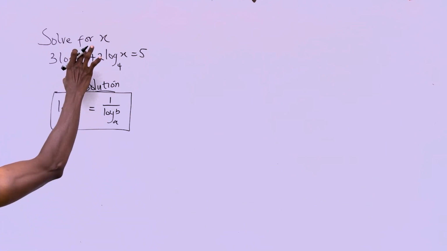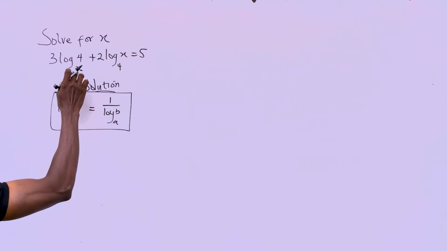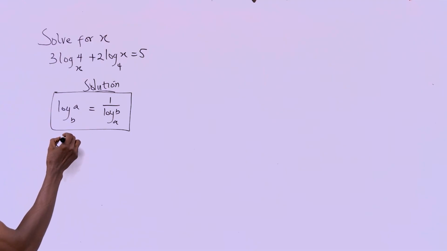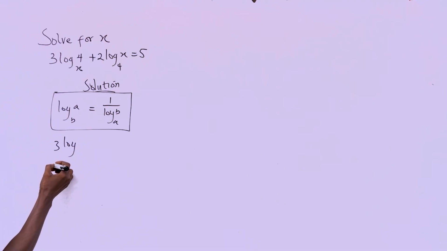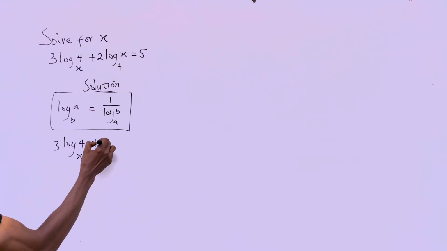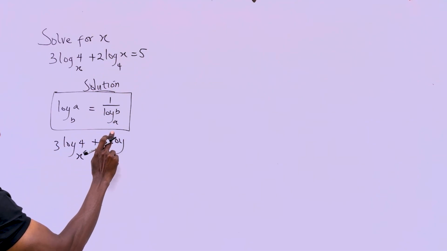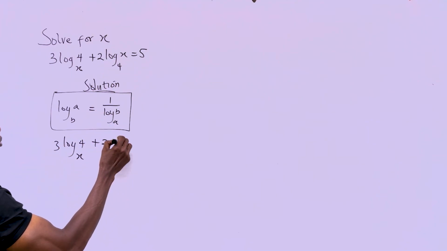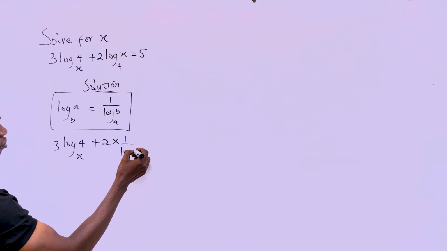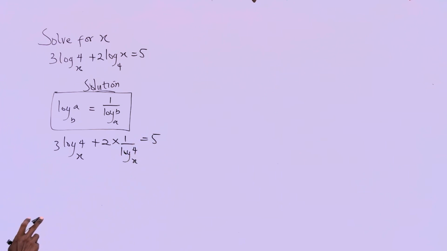So if we apply that here, let's make both to base x. So this will give us 3 log 4 base x plus 2 multiplied by 1 over log 4 base x equal to 5.